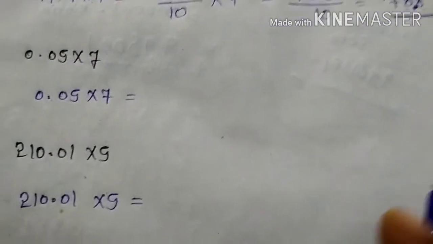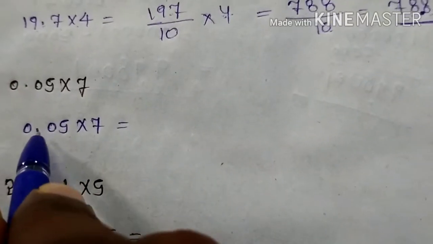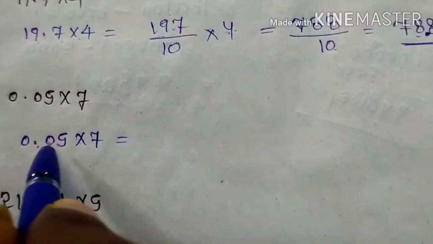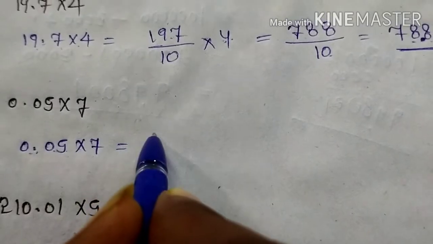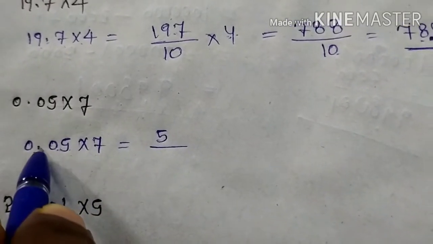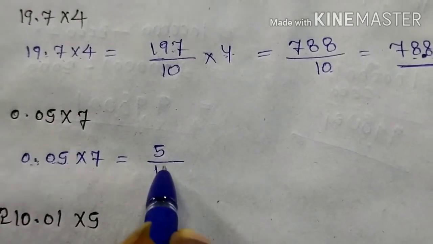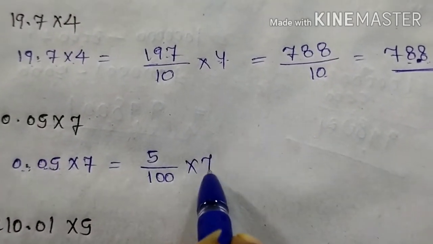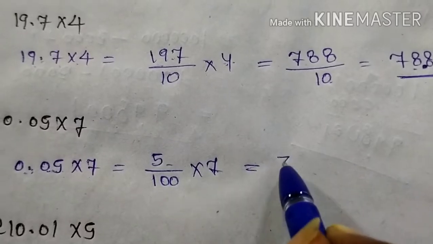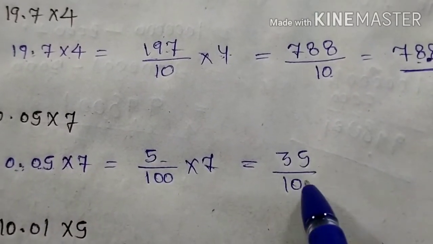In the similar way you can see one more. See 0.05 into 7. That means you can write here 005, which is just 5 only, by. See after decimal point how many digits are there? 1, 2. So you can divide with 100, into 7. 5 sevens how much? 35 by 100.